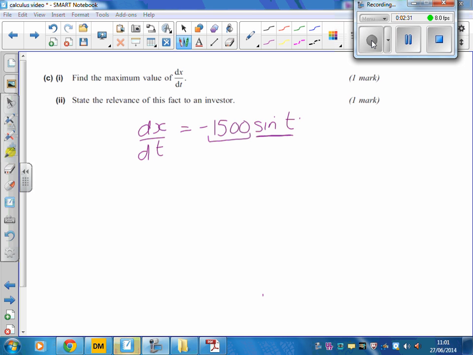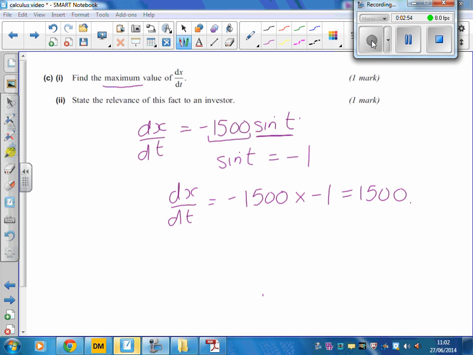So in order to make this as big as possible, I need to have a positive number. So sine t is minus 1, which then would give us dx by dt is minus 1,500 times minus 1, which is 1,500.